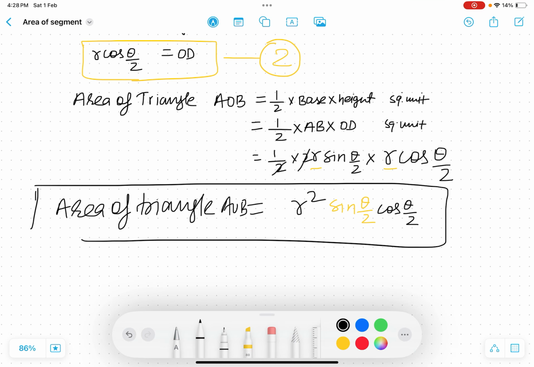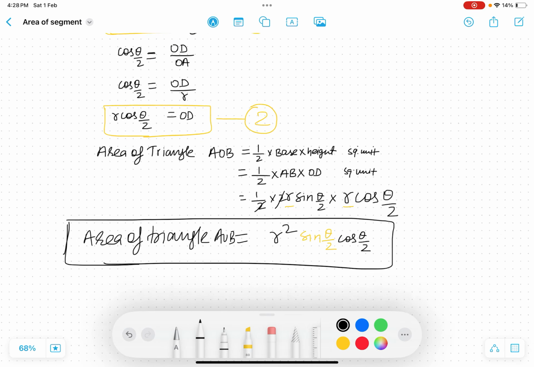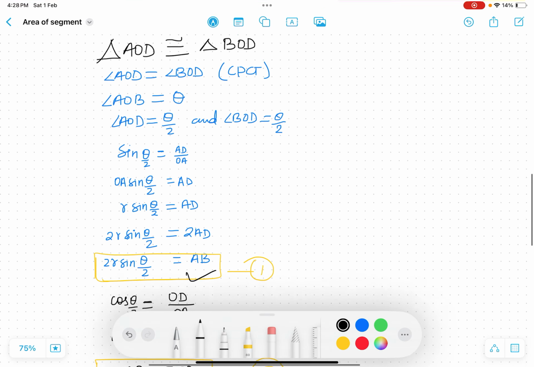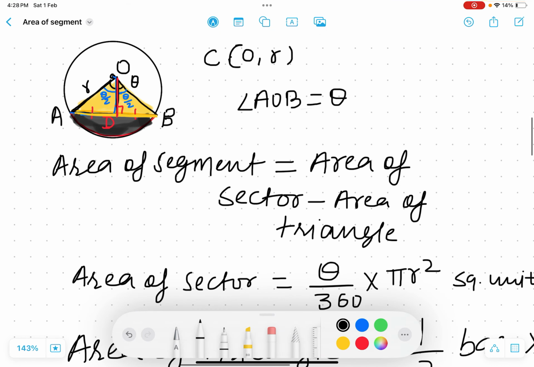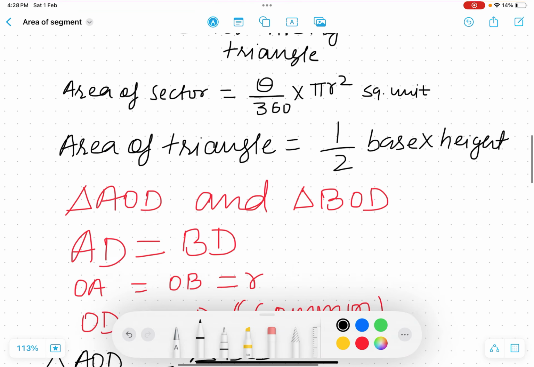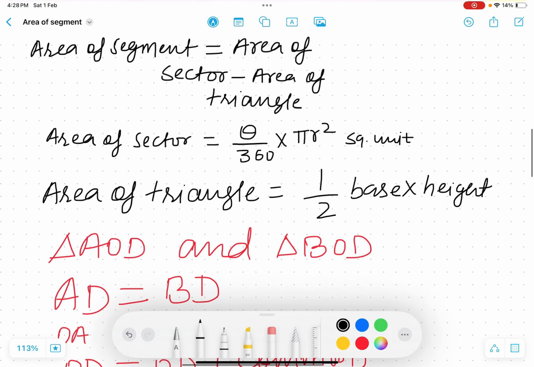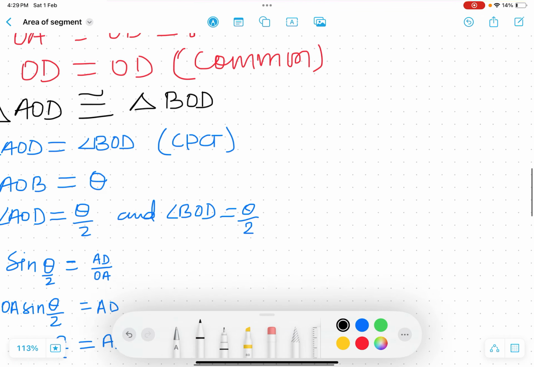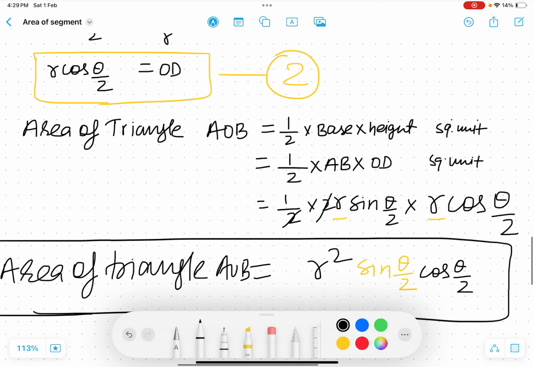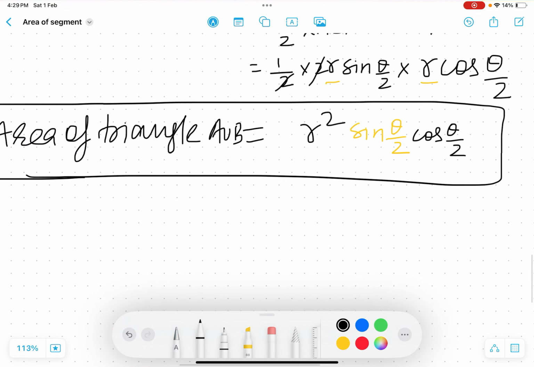What we have assumed is that the angle made by the arc at the center of the circle is theta. So we got the area of the triangle as r square sine theta by 2 and cos theta by 2.